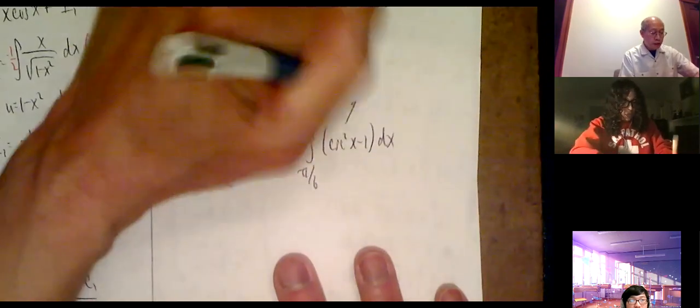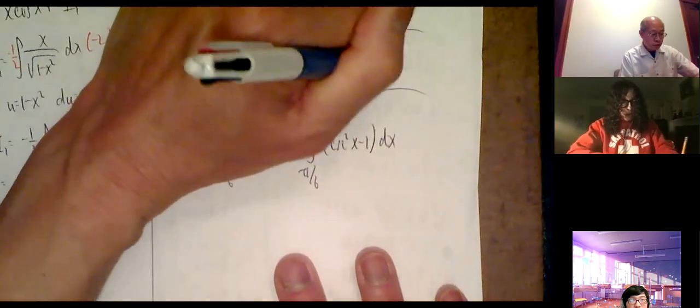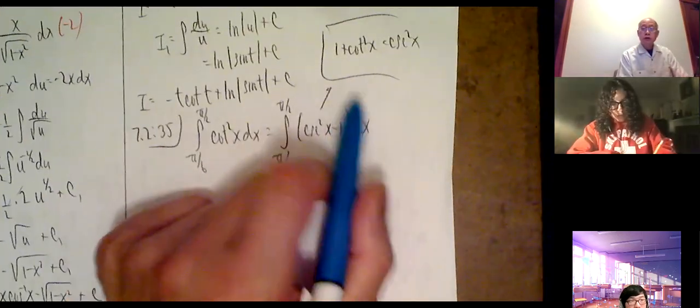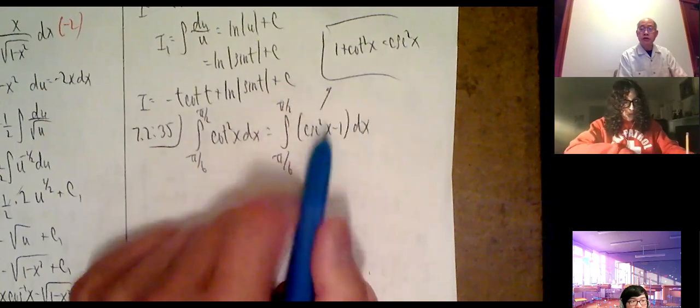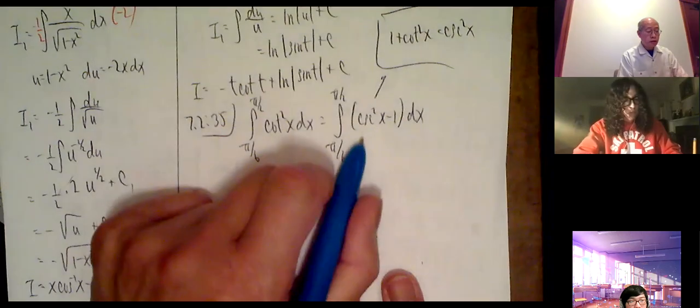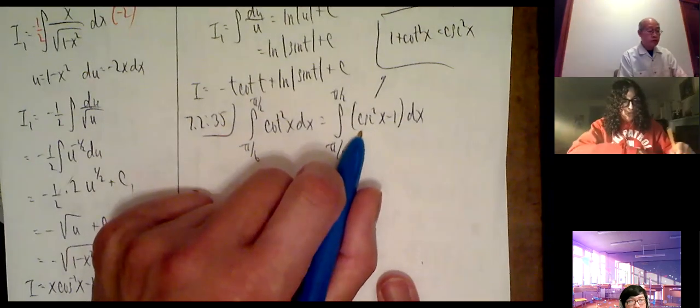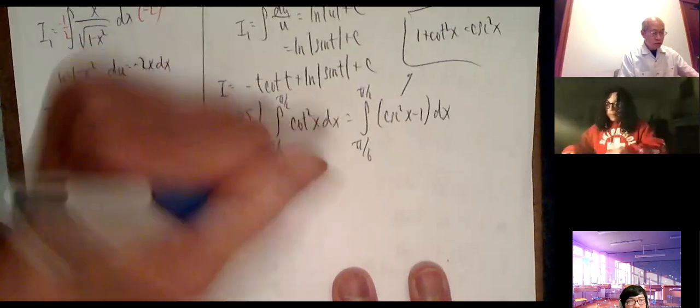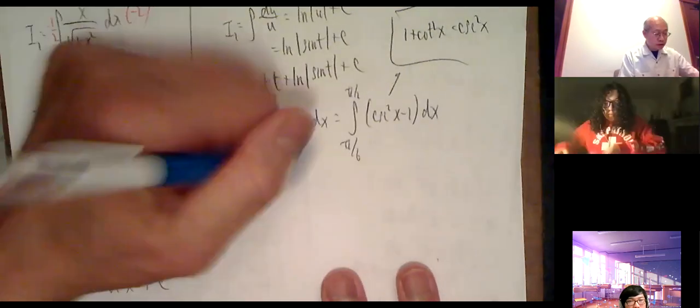So I'm using this identity. 1 plus cotangent squared is cosecant squared. So cotangent squared is cosecant squared minus 1. All right, integral of cosecant squared, we just did that, is negative cotangent. Integral of 1 is x.